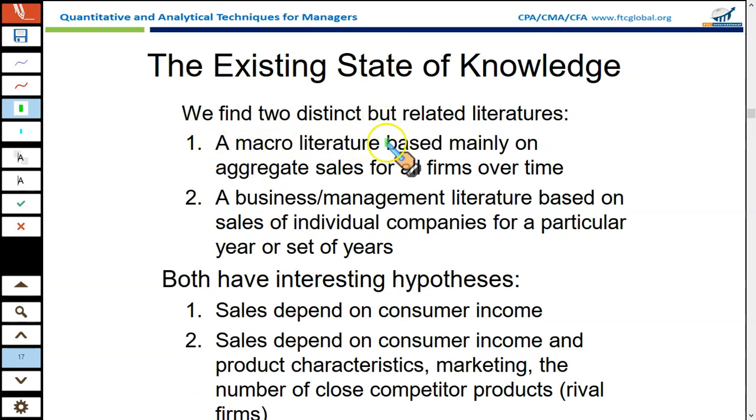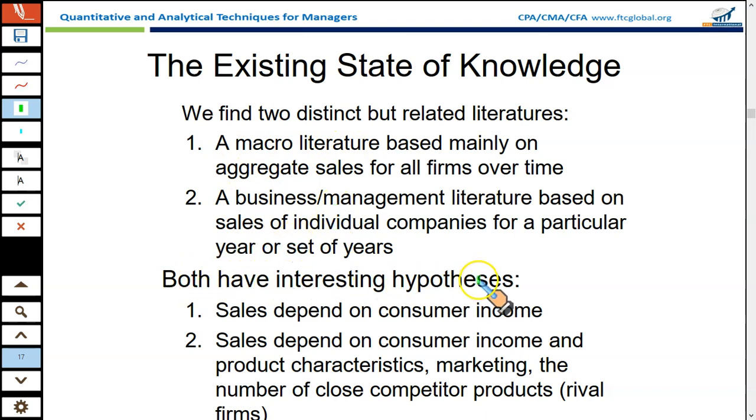First, a macro literature based mainly on aggregate sales for all firms over time. Second, a business management literature based on sales of individual companies for a particular year or set of years.